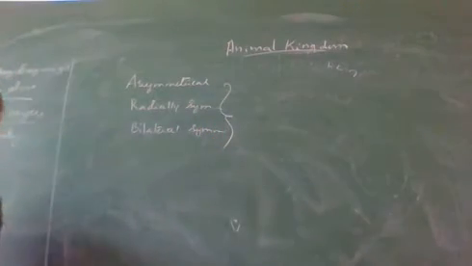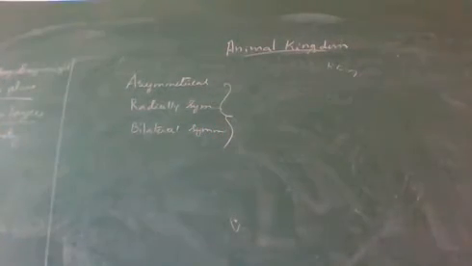Based on symmetry, 3 kinds of animals we can identify: asymmetrical, radially symmetrical and bilaterally symmetrical animals.